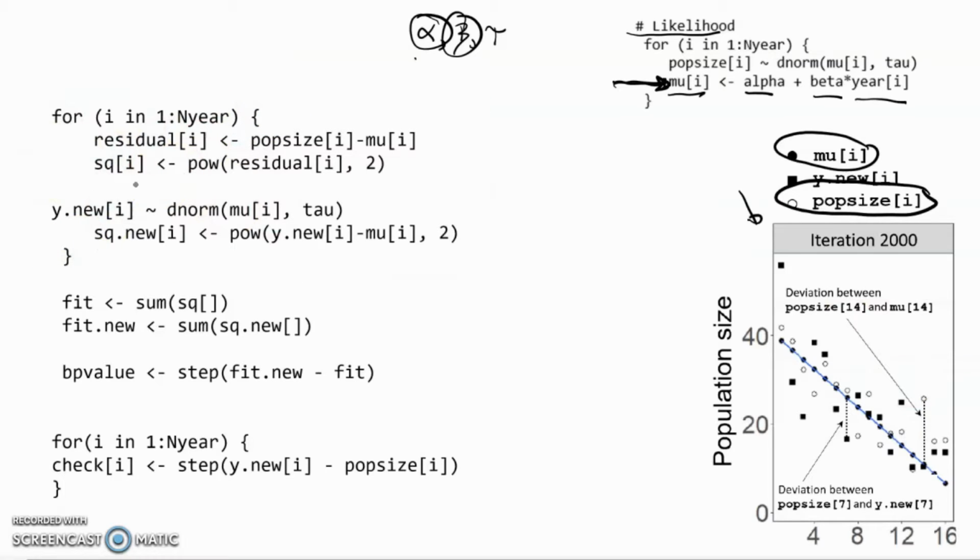Now let's think about y nu I. Where does that come from? Well, remember we've got alpha, beta, and tau.